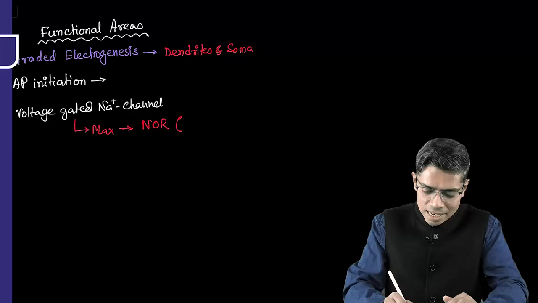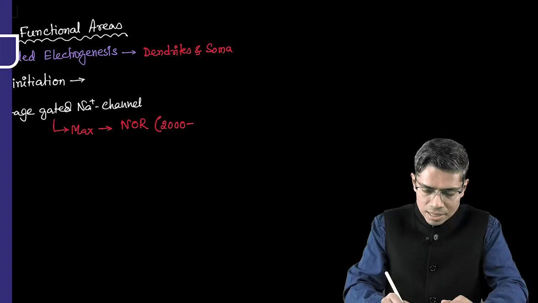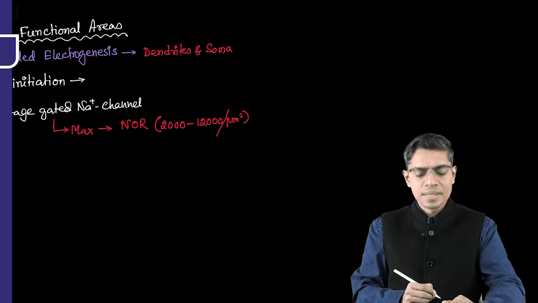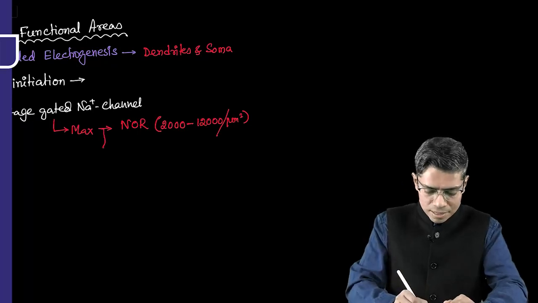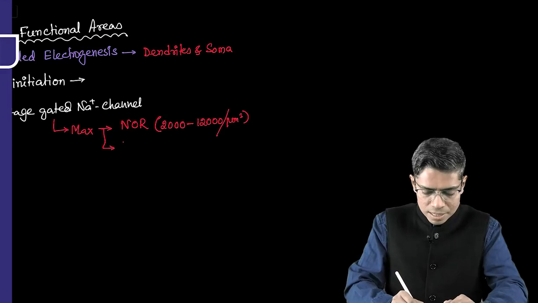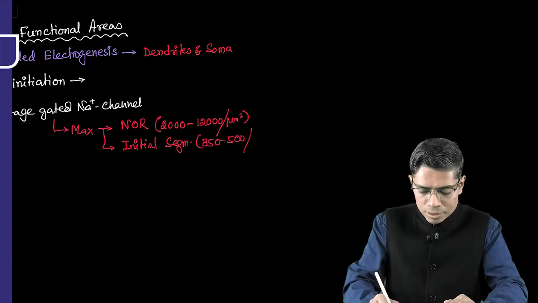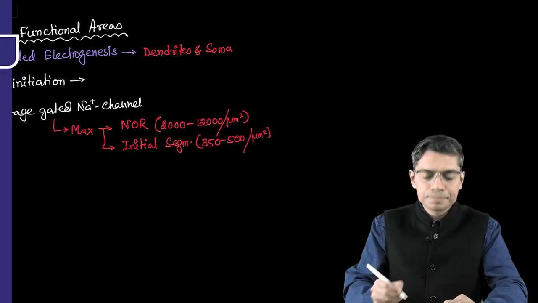Ganong is saying that at the level of the node of Ranvier, the voltage gated sodium channel number is around 2000 to 12,000 per square micrometer area. Very high. If this is not given in the choices, then the second choice is the initial segment of the neuron, where the number of voltage gated sodium channels is from 350 to 500 per square micrometer area, right?